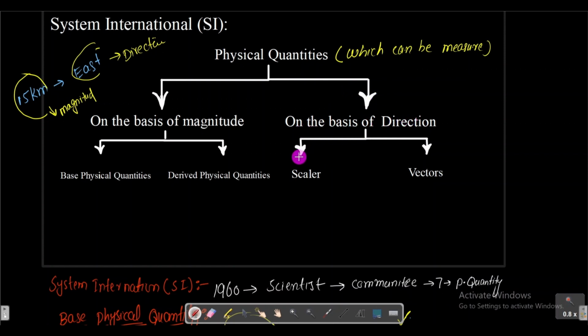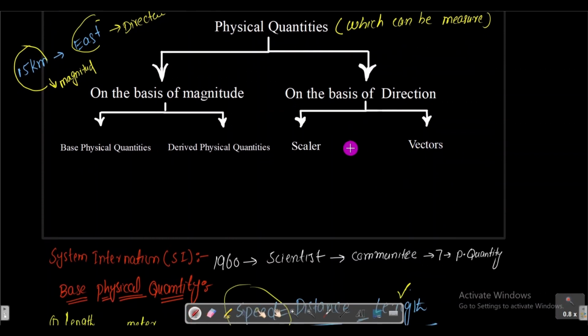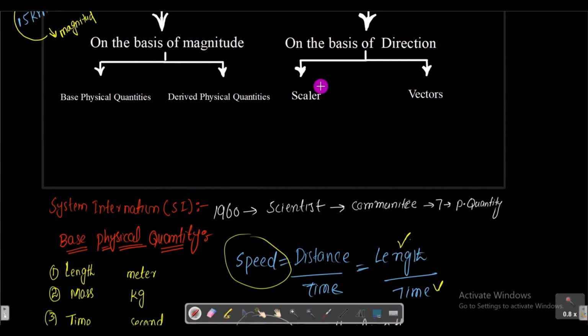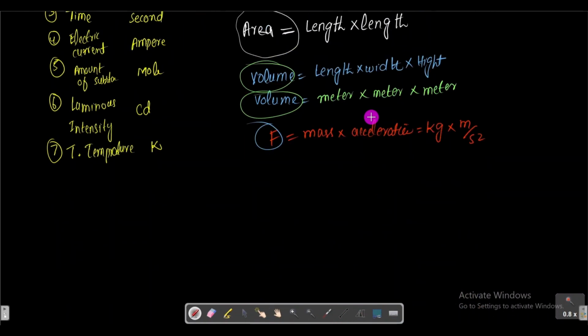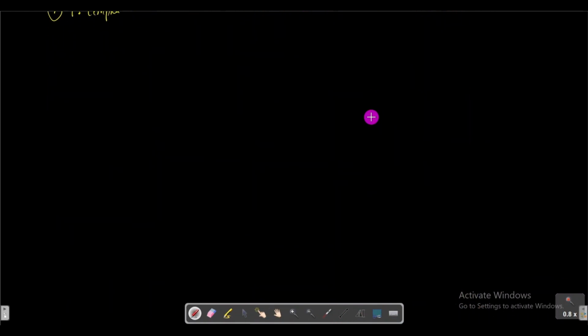On the basis of direction, physical quantities are divided into scalar physical quantities and vector physical quantities. Now we will discuss what is meant by scalar physical quantities and vector physical quantities. First we will study the scalar physical quantity.